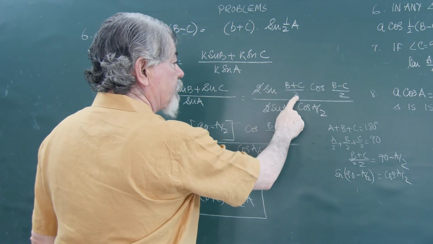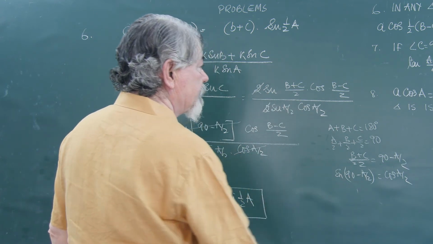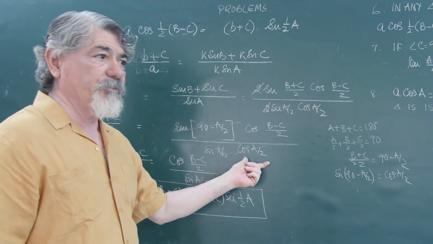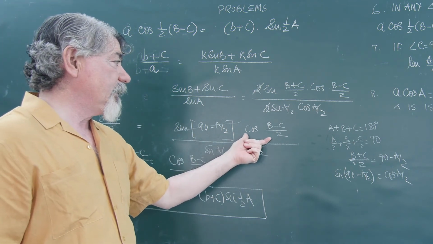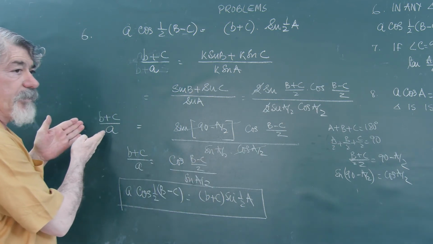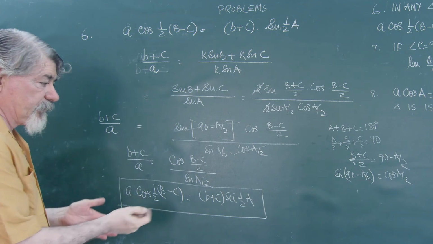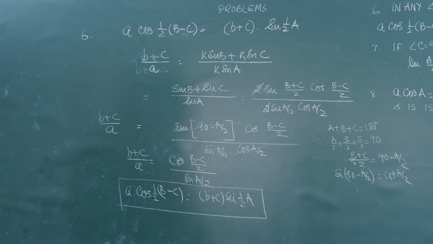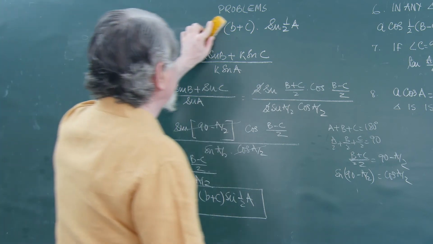Sine (B plus C) by 2 was written as sine (90 minus A by 2), which finally became cos A by 2, which cancelled from numerator and denominator, and we are left with cos (B minus C) by 2 upon sine A by 2 equal to (b plus c) upon a. When we cross multiply, we get the final answer. Now let us see the seventh question.